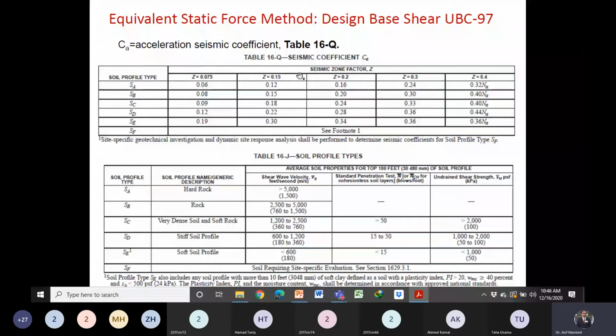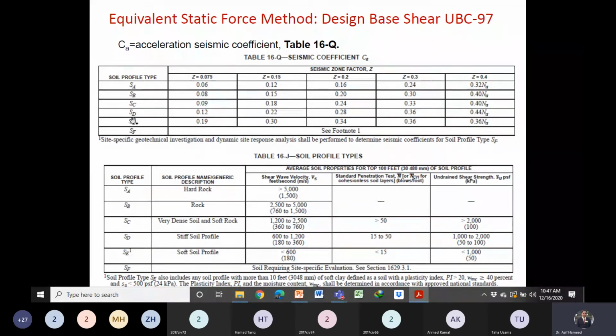It depends on the seismic zone and the type of the soil.